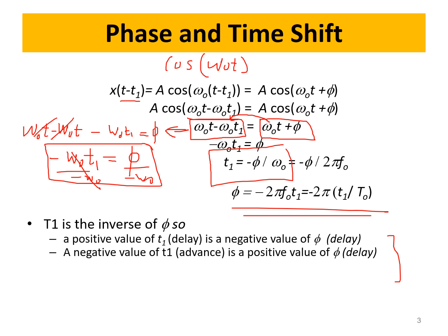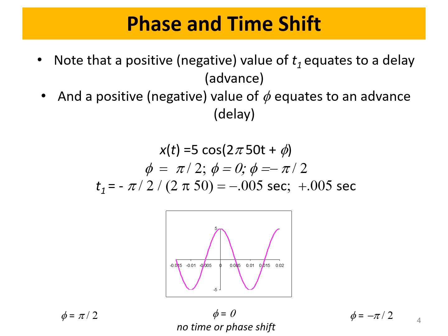Then you can look at the signal to see if it has a delay or an advancement. So that's the relationship between phase shift and time shift. Note that a positive value of t1 equals a delay. Remember when we have cosine w0 (t minus t1), this means that it is actually delayed from the zero.